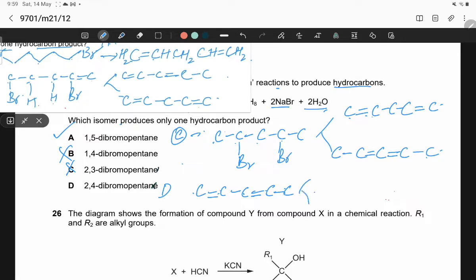So also two products could be formed. 2, 4, Br 3 and 4, C double bond.